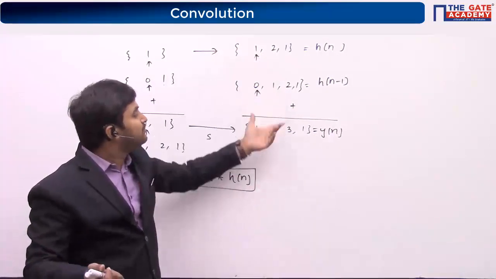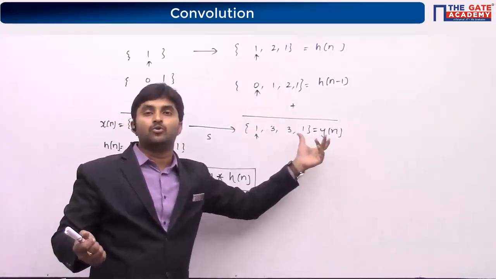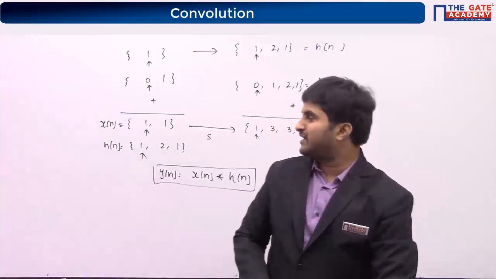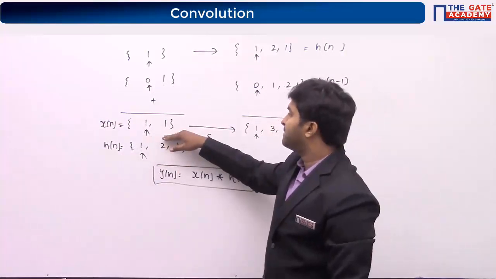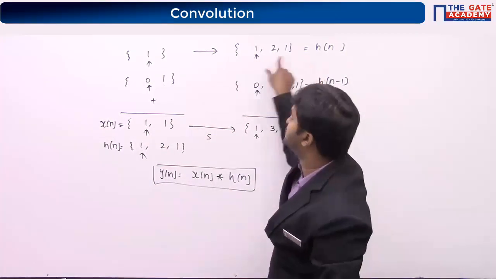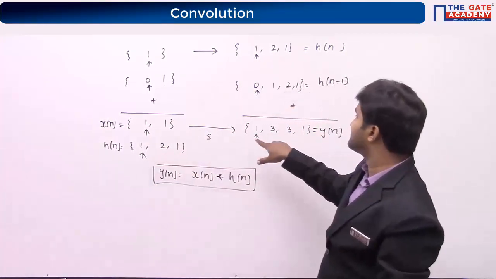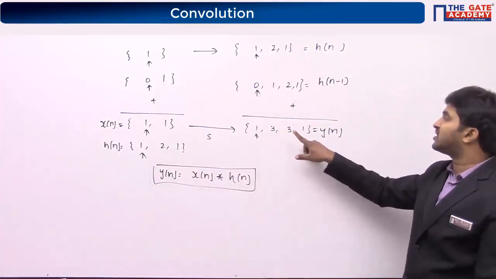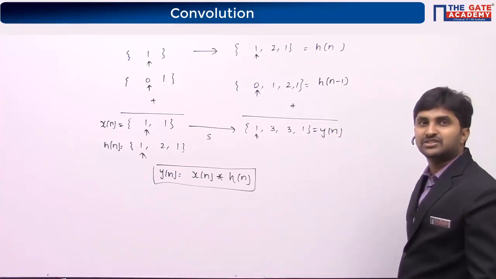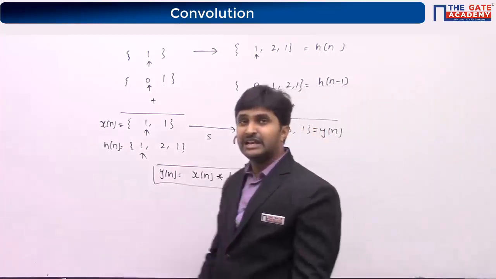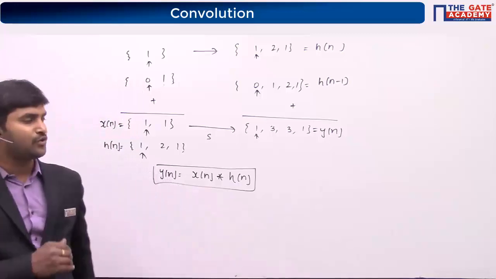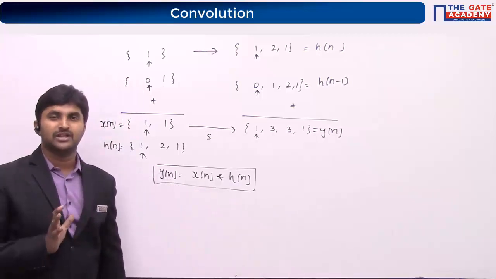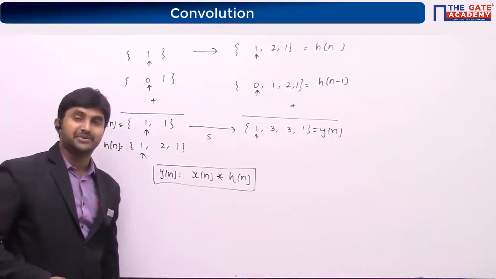So we have added them and we are calculating what is the total output. When you apply the input 1, 1 and your system is having an impulse response of 1, 2, 1, the response of the system is nothing but 1, 3, 3, 1. Till here, is it clear to you, or if you have any doubts, please clear it off. It's a very, very important concept.